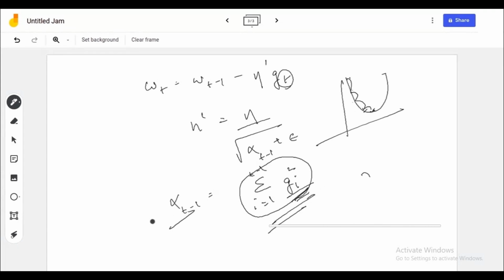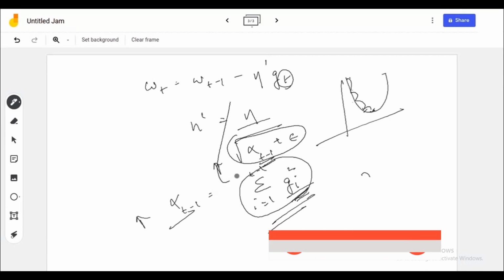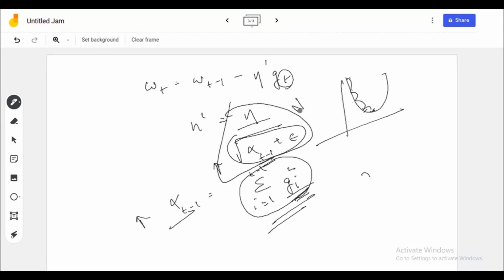That means alpha t minus 1 is increasing. Since alpha t minus 1 is in the denominator, if this increases, this whole function keeps on decreasing. That means eta dash decreases.